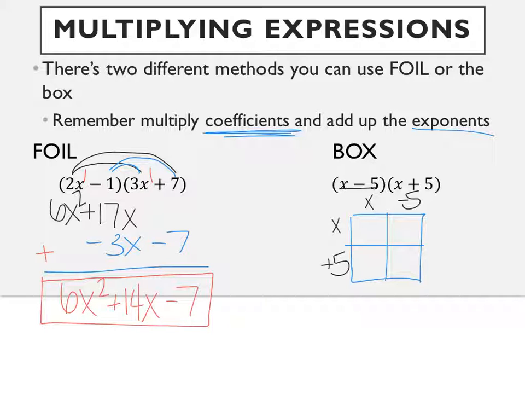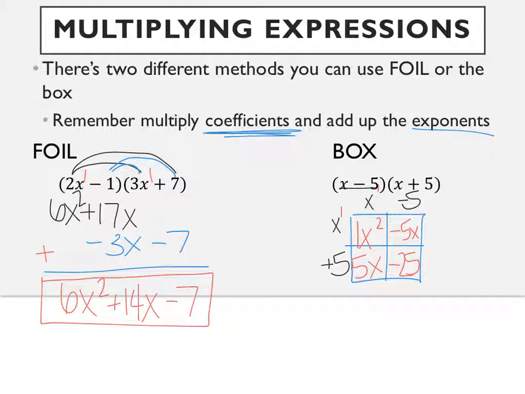So 1x times 1x, 1 times 1 is 1, but then I add the exponents to get x squared. x times negative 5 is negative 5x, 5 times x is 5x, and 5 times negative 5 is negative 25.